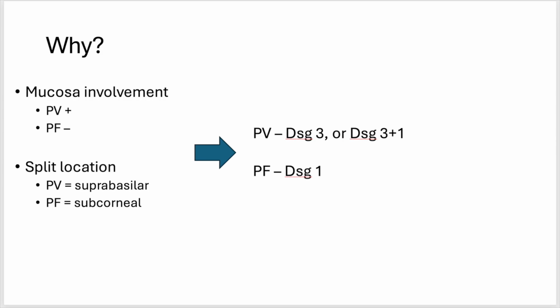For pemphigus vulgaris, the targeted antigen is mainly DSG3, or a small percentage of PV will have DSG1 involvement. In contrast, in pemphigus foliaceus, the main targeted antigen is DSG1. So why does that make a difference?